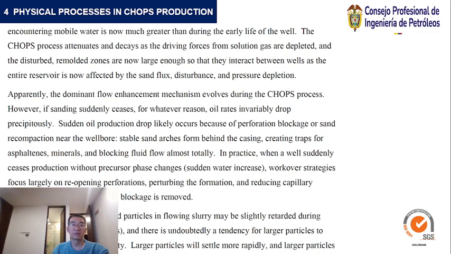Apparently, the dominant flow enhancement mechanism evolves during the CHOPS process.